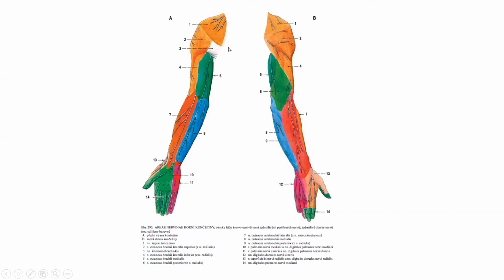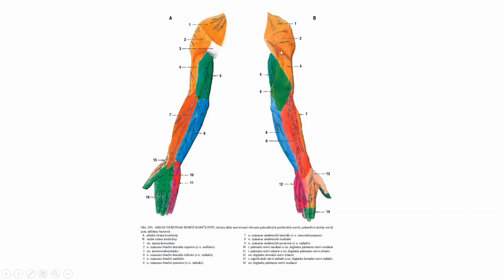But from here, you can see in the anterior part and in the posterior part the area that is innervated by the superior lateral cutaneous nerve of the arm, which originates from the axillary nerve. So this area is innervated by the axillary nerve.